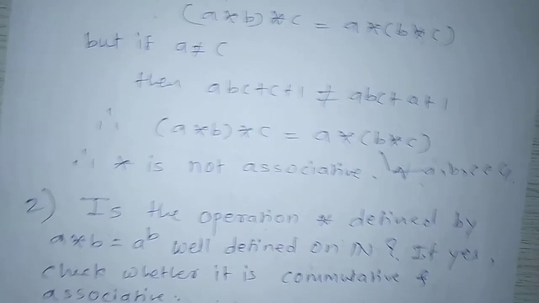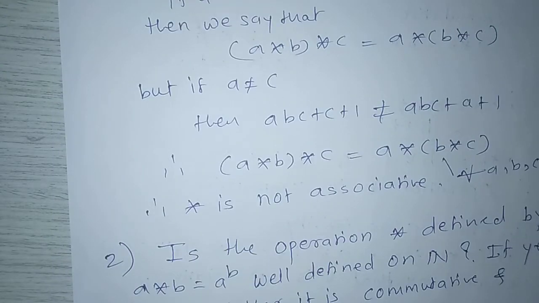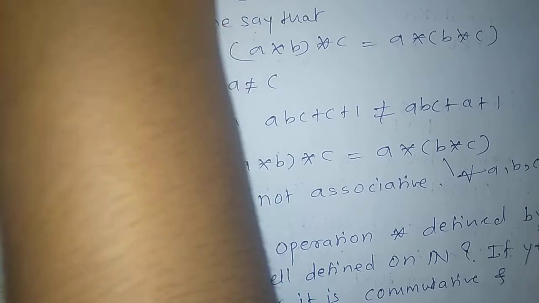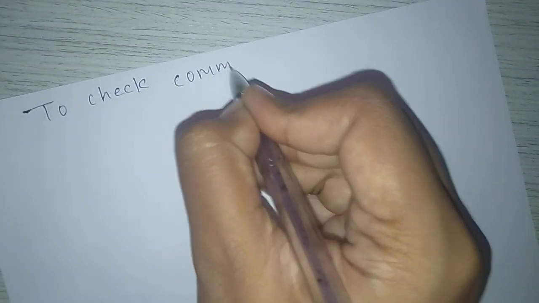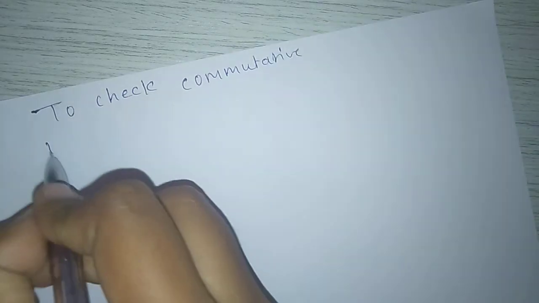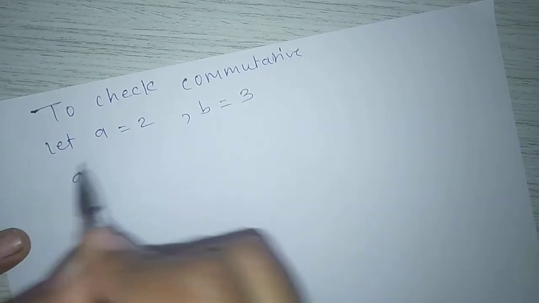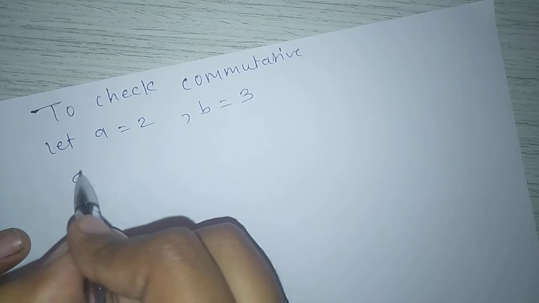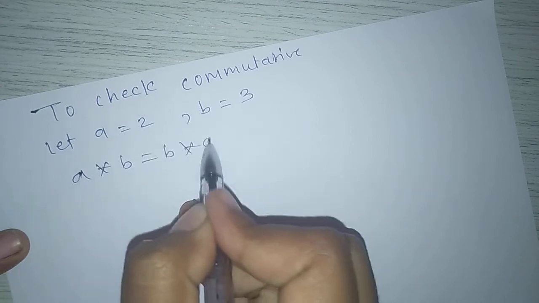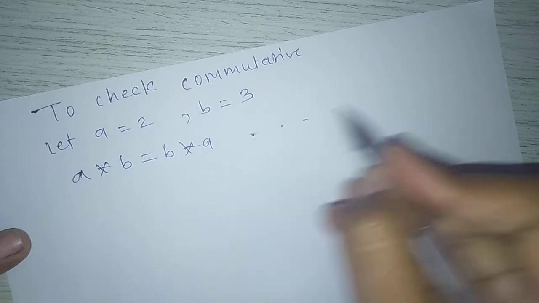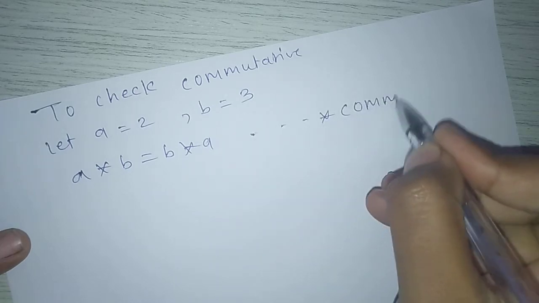For this, we consider two elements of natural numbers. Let A equal to 2, B equal to 3. To check commutative, we have A star B equal to B star A, then we say that star is commutative.